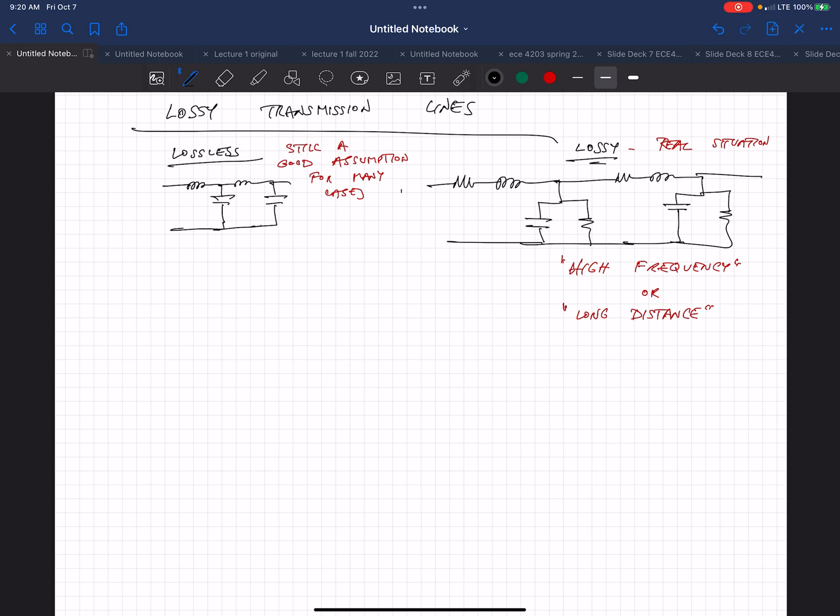Let me call this R, and let me call this 1 over G. Resistance 1 over G, okay?